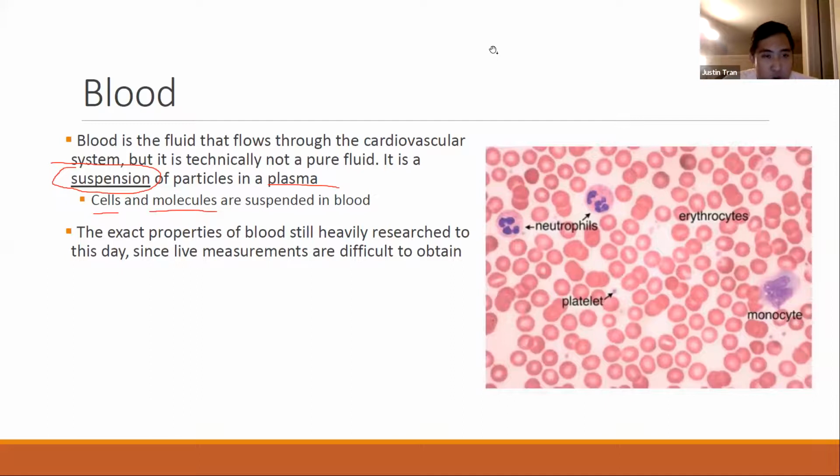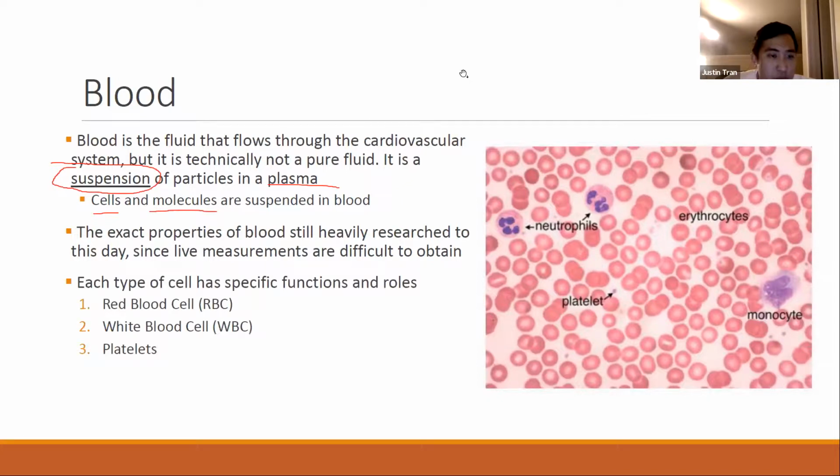It's difficult to measure because a big part of your blood's behavior is due to the living cells inside it, and when you take the blood out of the body, it's hard to get them to do exactly the same thing as they did in the body, so it's normally very difficult to study.